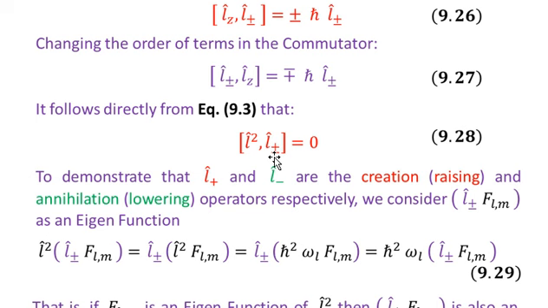So obviously, the commutator of L square with the raising and lowering operator will be equal to 0, as shown in equation number 28.